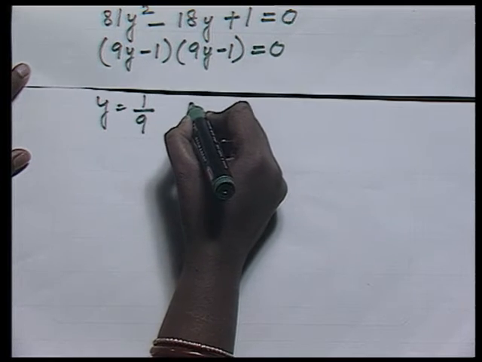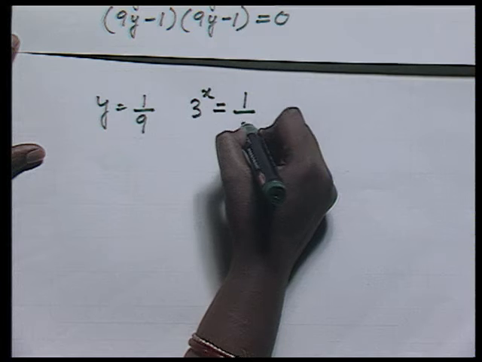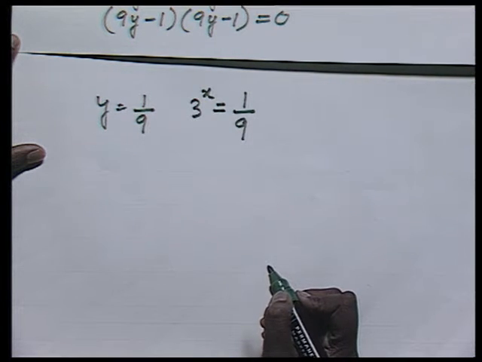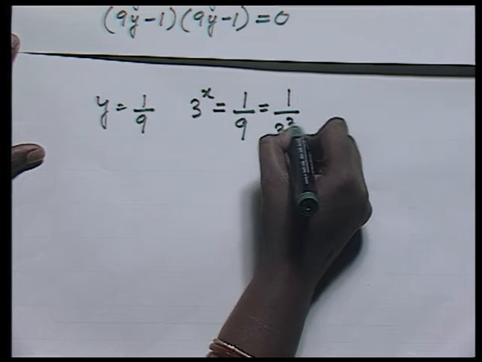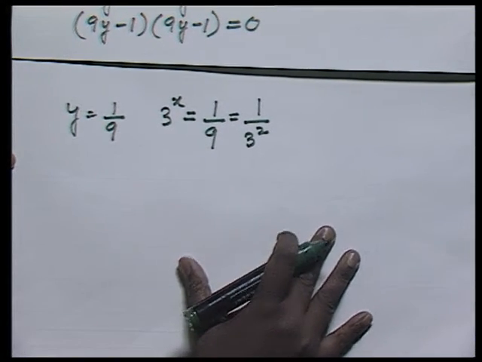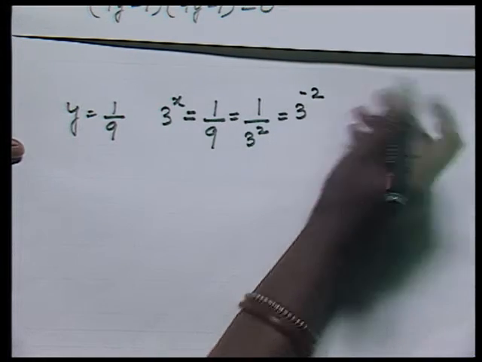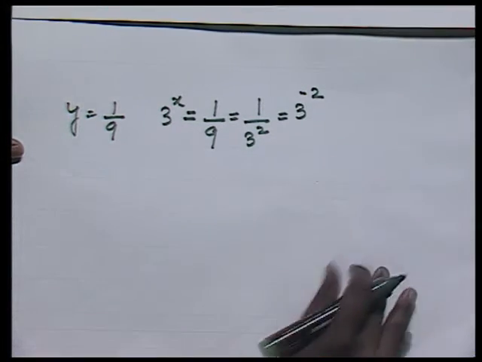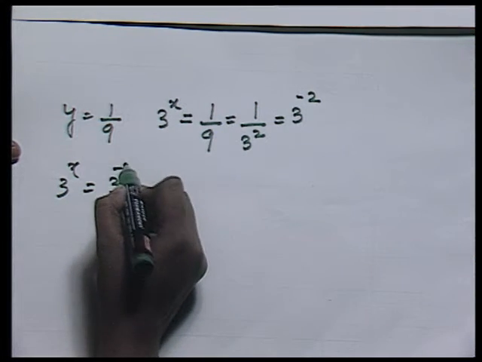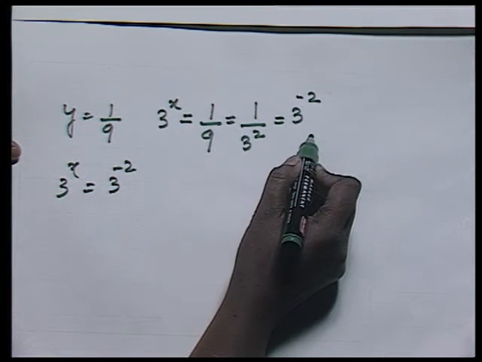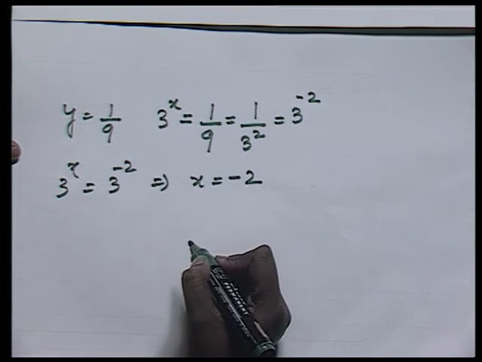So, we get 3 raised to the power of x is equal to 1 upon 9, or now this 1 upon 9 can be written as 3 square, which can be further written as 3 raised to the power of minus 2, and thus we find that 3 raised to the power x is equal to 3 raised to the power minus 2, which implies that x is equal to minus 2.